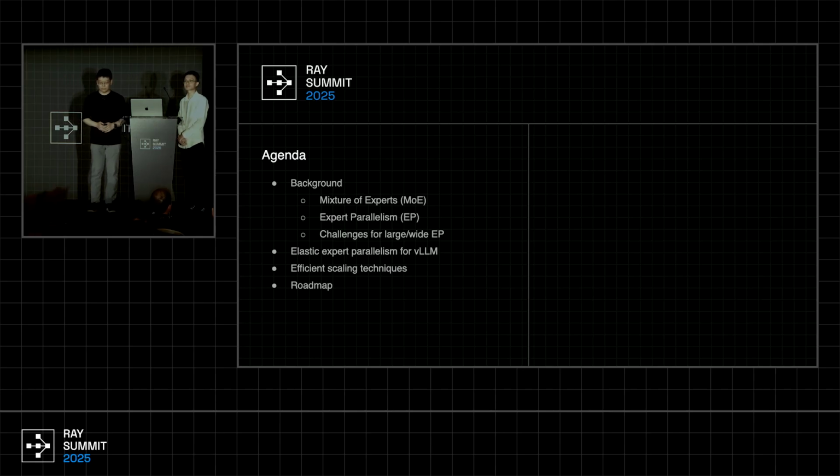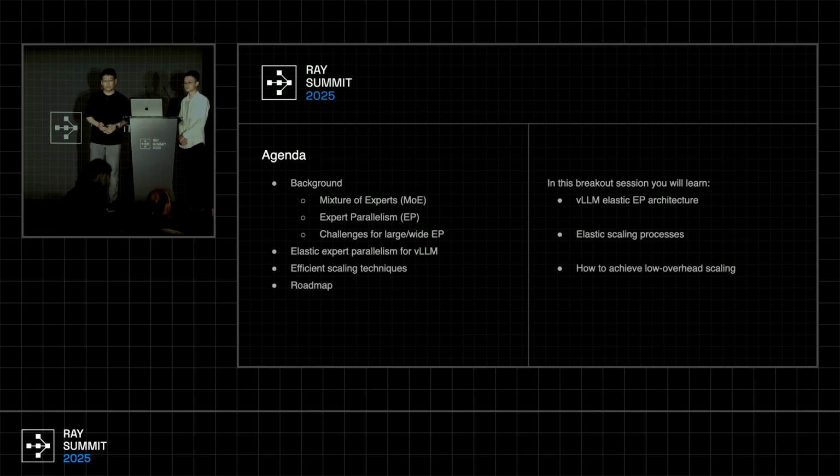After that, we will dive into the efficient scaling techniques. And in the end, we will talk about the roadmap for this project. So in this talk, you will learn about the vLLM elastic EP architecture, the elastic scaling processes, and how to achieve low overhead scaling.